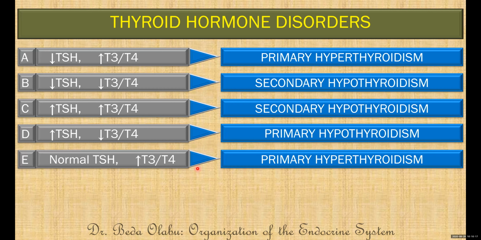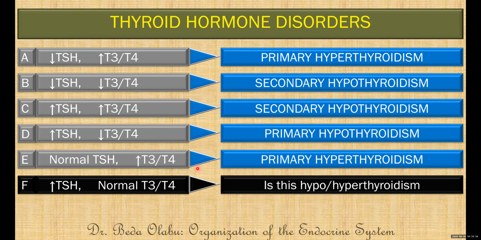Good. How about the last one there? This last one, high levels of TSH, normal T3 and T4. Is this hypo or hyperthyroidism? None. It is none, I agree with you.